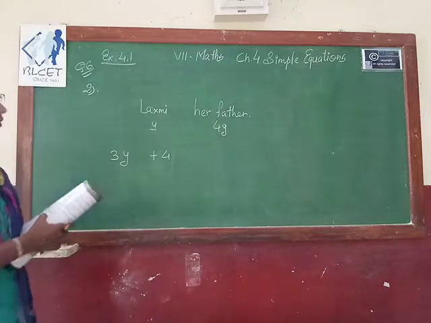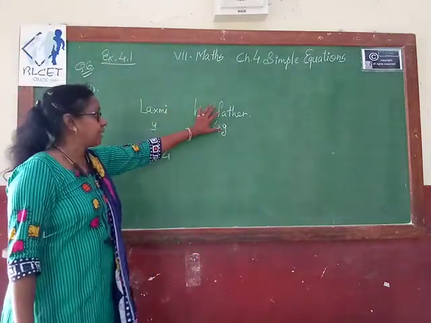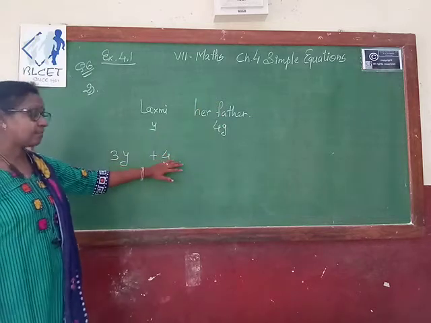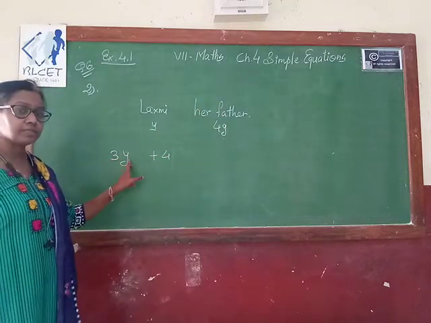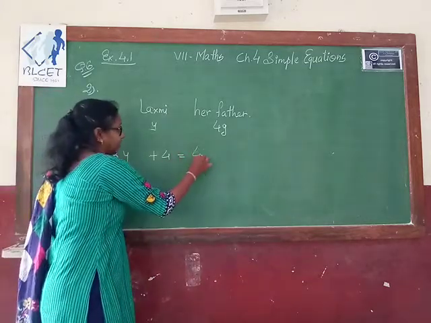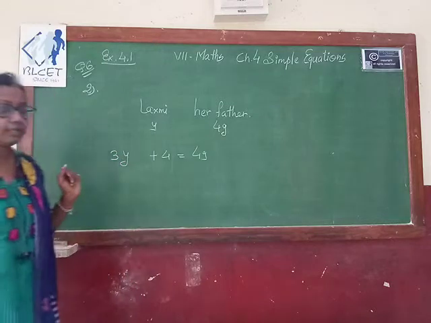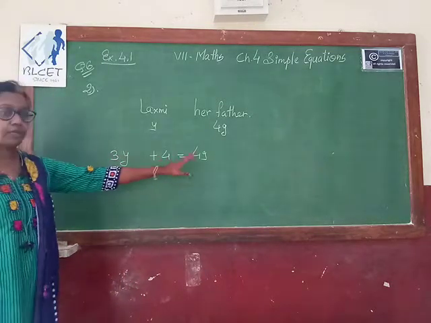So what is the equation you can form? Her father is 4 years older than 3 times Lakshmi's age, and this answer is given, that is 49. Right? So the equation is 3y plus 4 is equal to 49.